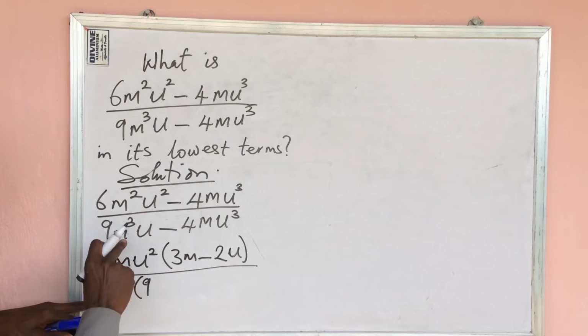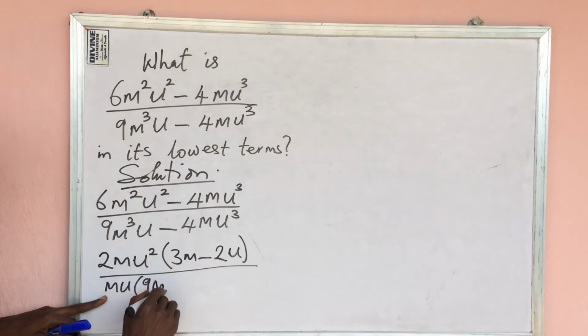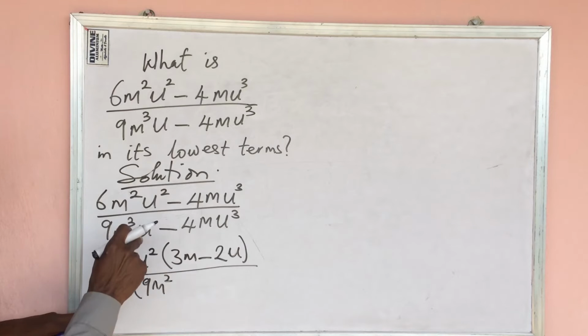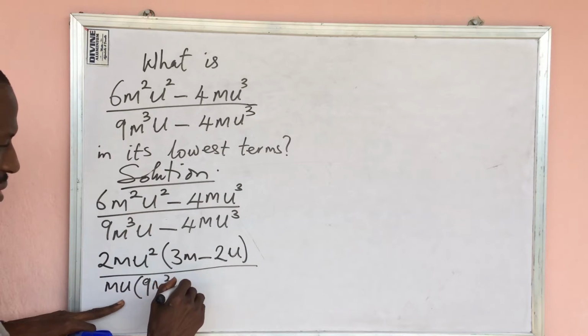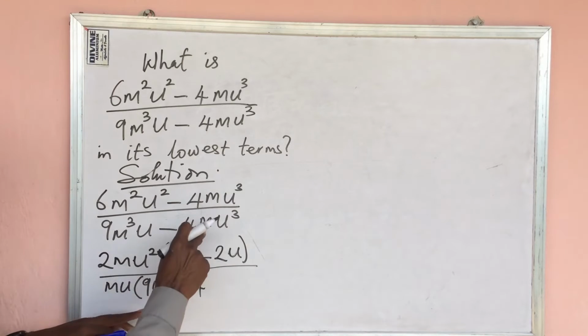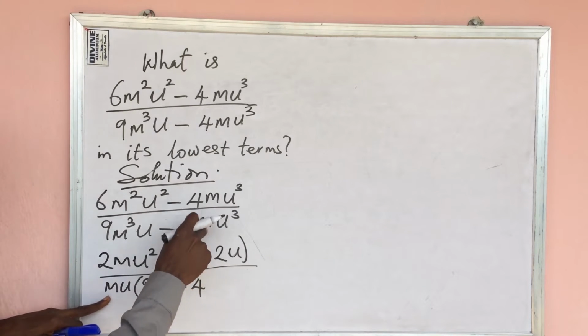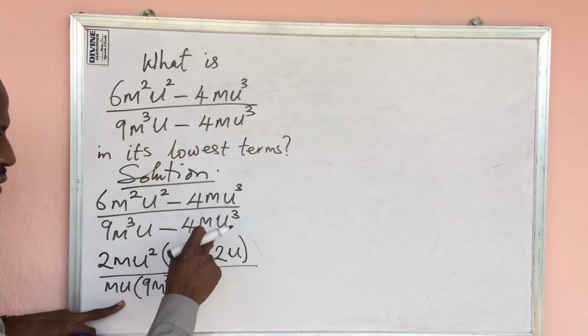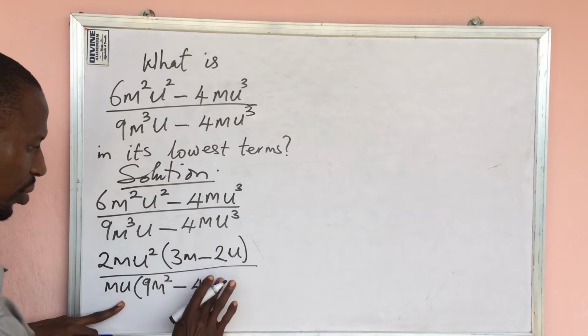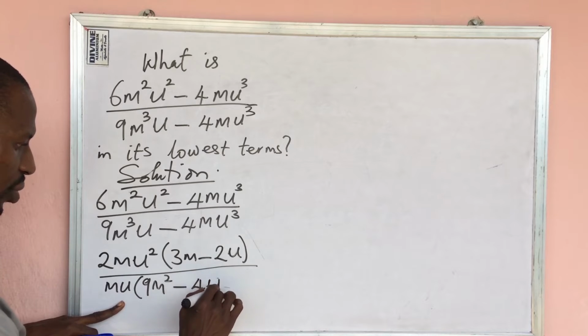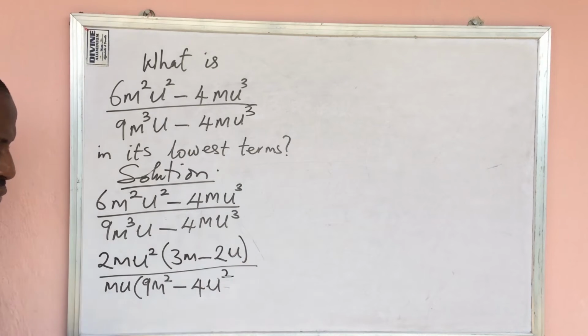Then m, we only brought out one m from here, so we are still left with m raised to power 2. U, we cancel out u. Then minus 4. M is already out, so m will leave the system here. U, we take one u from here, to give us u to the power of 2.